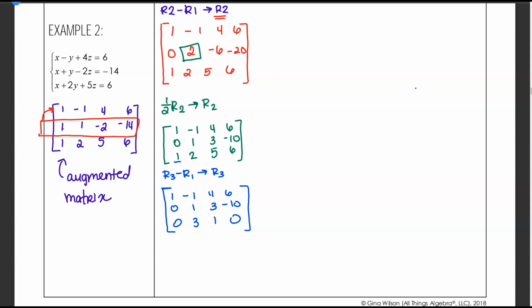So what I'd like to do now is get rid of this 3. I want to turn that into a 0, and then come back and deal with this one here. Because I want this to become a 0, what do you propose we do? What row operation would you do?